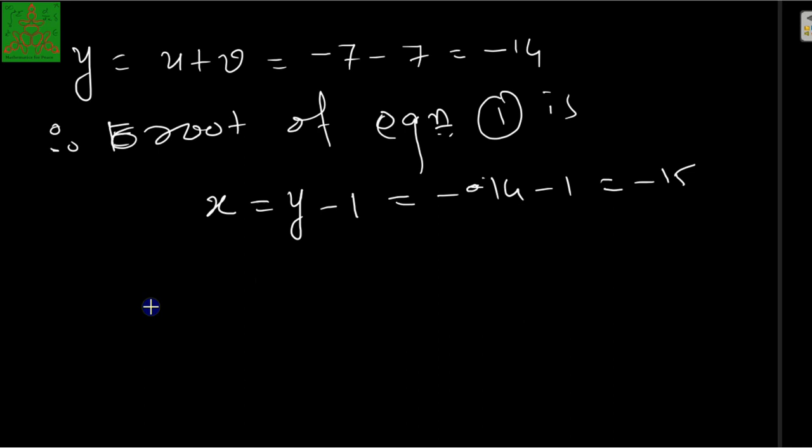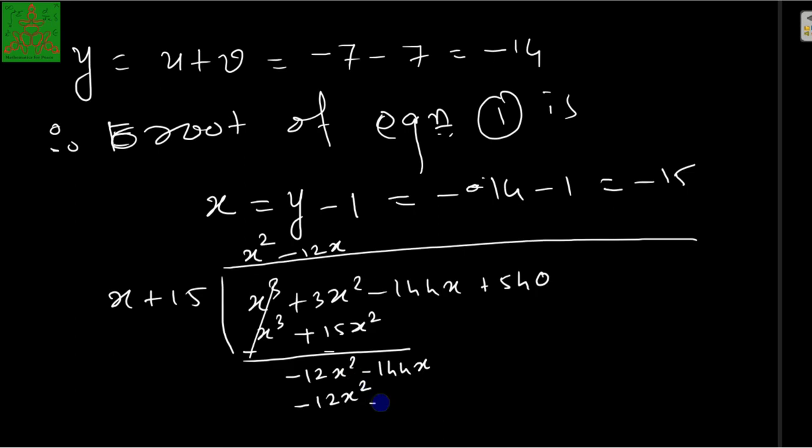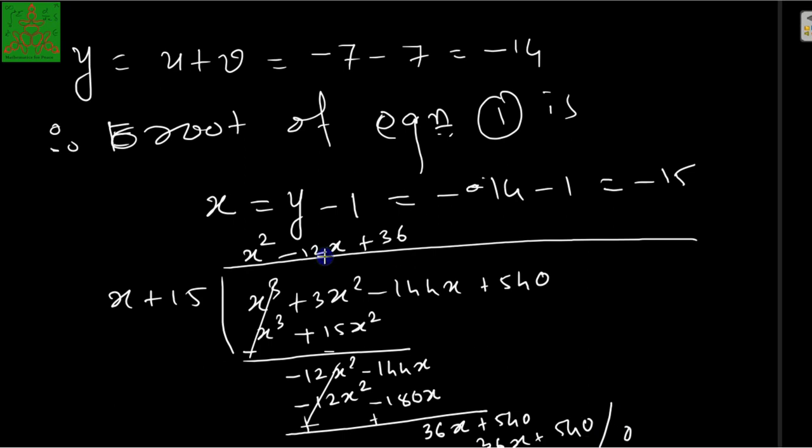So if you now divide the equation by x plus 15, we will have x square minus 12x plus 36, which gives you 0, and this is x minus 6 whole square.